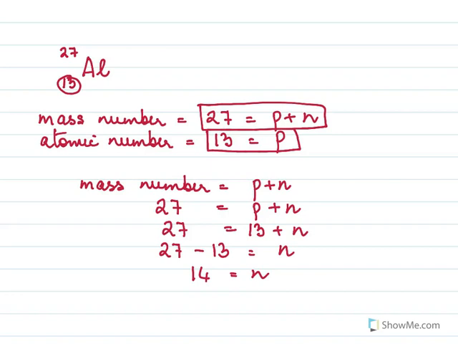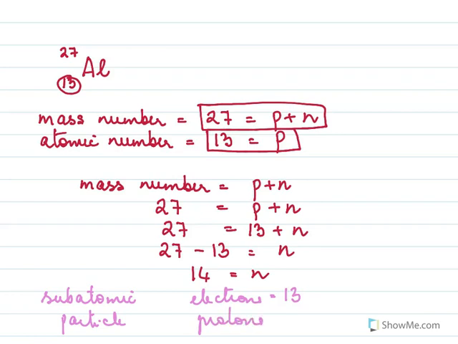So if I were to write its subatomic particles, the electrons will be equal to the protons. Electrons is 13, protons equal to 13, and neutrons we already found out as 14.